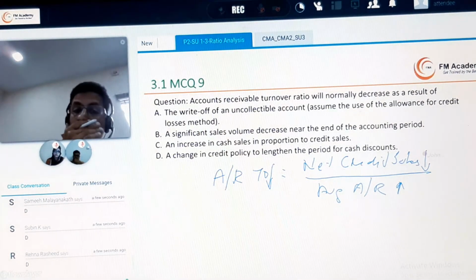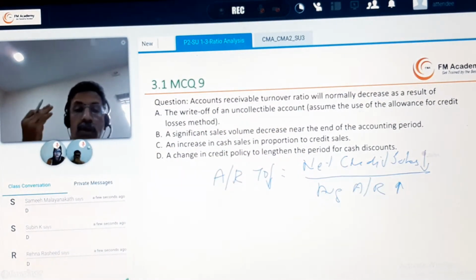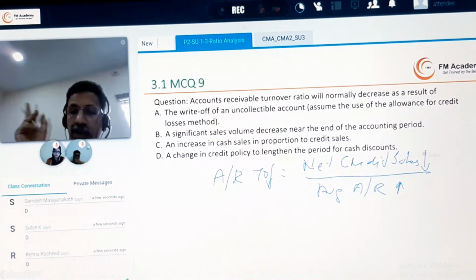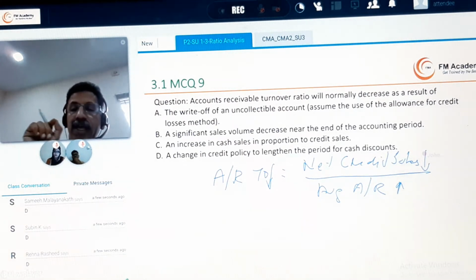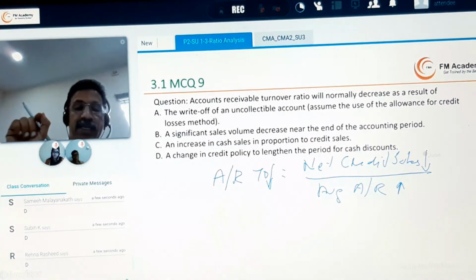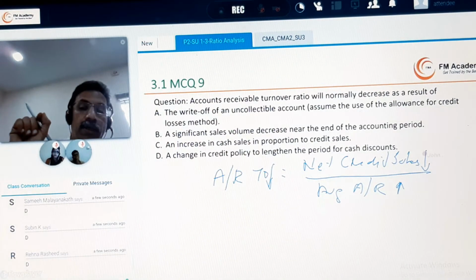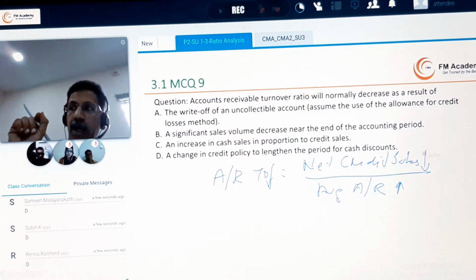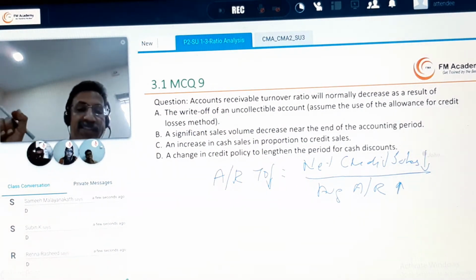But you should know, if you haven't done your part 1 or if you are not familiar with the allowance for uncollectible accounts or allowance for credit loss, let me tell you. You have either the direct write-off method or the allowances method to record credit losses. Credit losses is the modern terminology for bad debts.